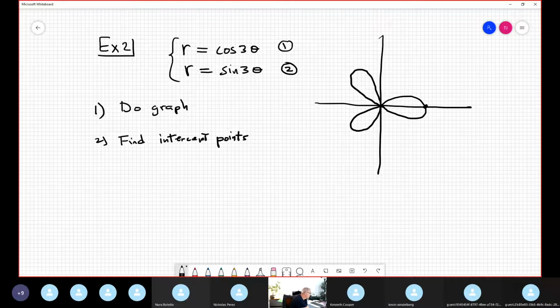It's a little bit a rose, but rotated 45 degrees. Another flower like that, and like that. Wow. We have 2 flowers, okay? 2 roses. So the challenge is find the intersect.